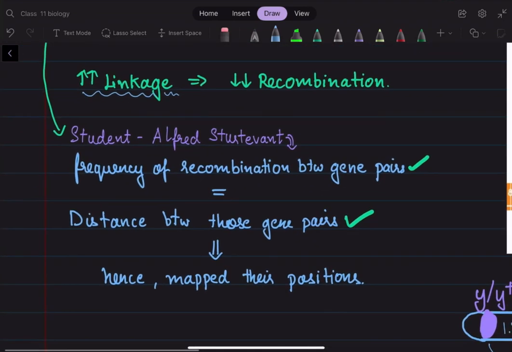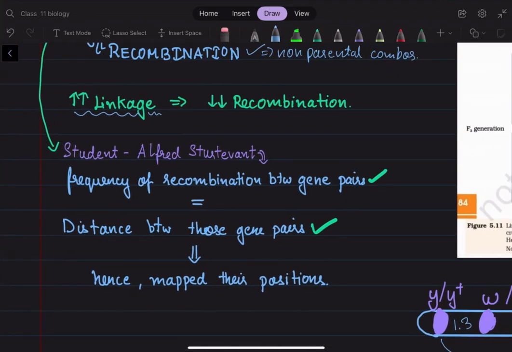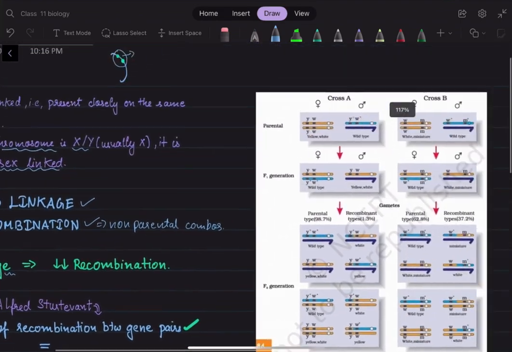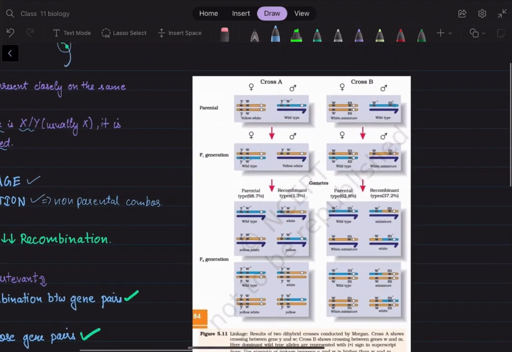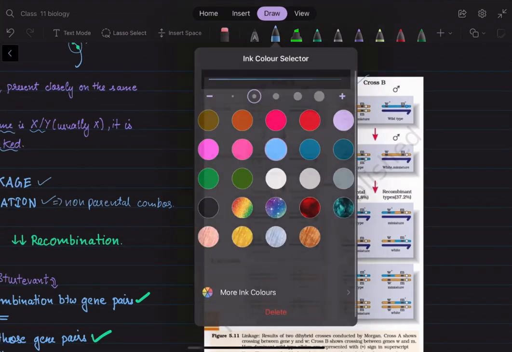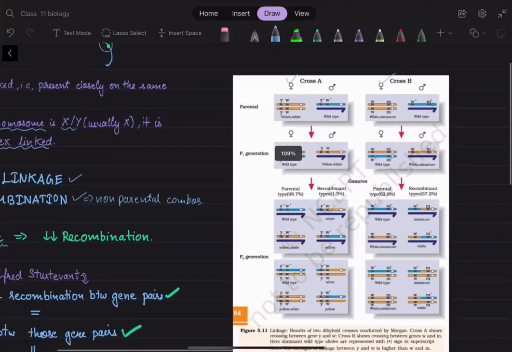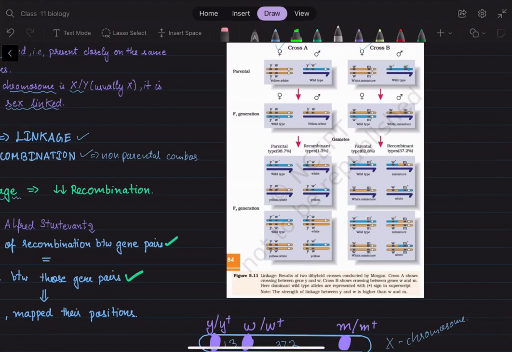Like this, he was able to map their positions on the chromosome. To understand this, we have these two crosses that were performed on Drosophila melanogaster, that is a fruit fly.